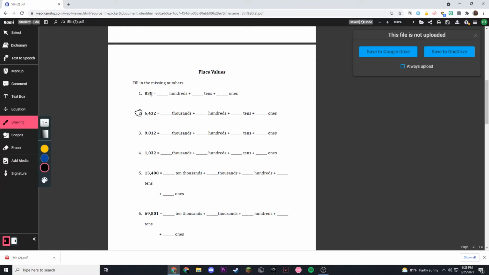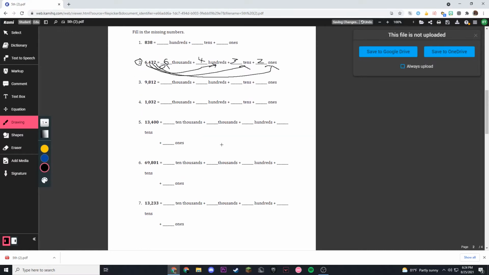We just place the number accordingly, like this is the thousands place, this is the hundreds place, this is the tens place, and this is the ones place. So we can see that we have 6,000s, 400s, 3 tens, and 2 ones.